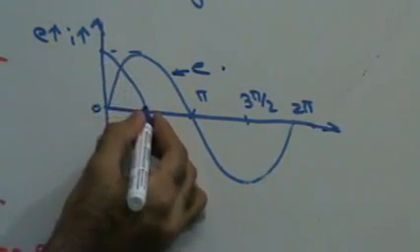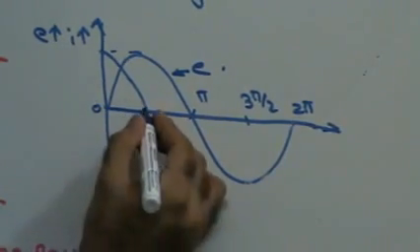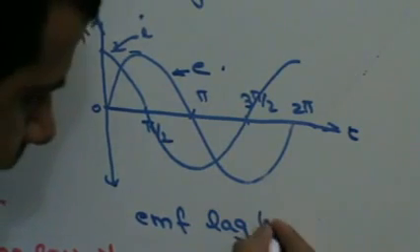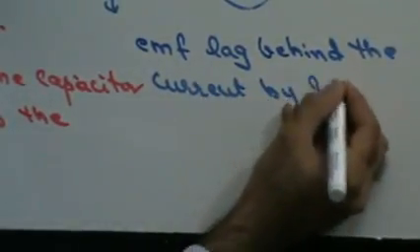That means it will start this way. It will peak itself here. This is going to be my current wave then. In terms of wave diagram, this is the wave diagram of EMF and current. Fine, do we get this? Considering time here, I can therefore say that the EMF lags behind the current by 90 degrees.